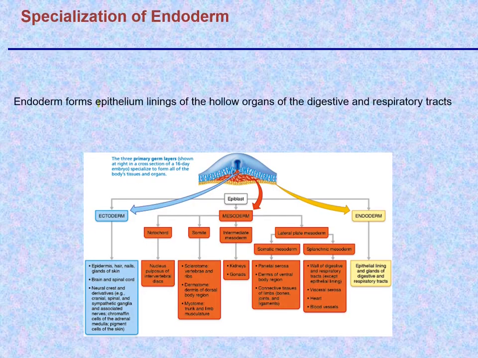So it forms those epithelial linings of the organs and their digestive and respiratory tract. That's the endoderm. So we've discussed a little bit about the ectoderm and the endoderm, and we'll move on.